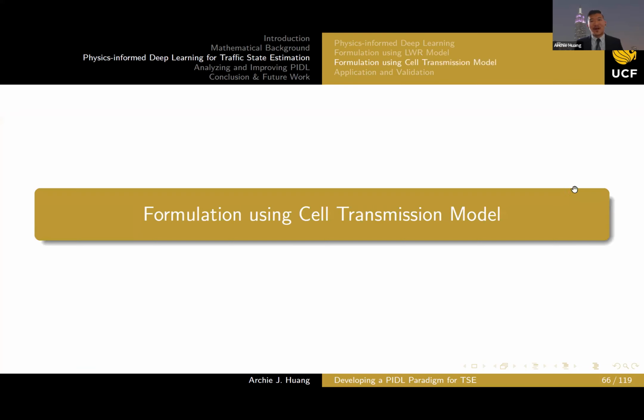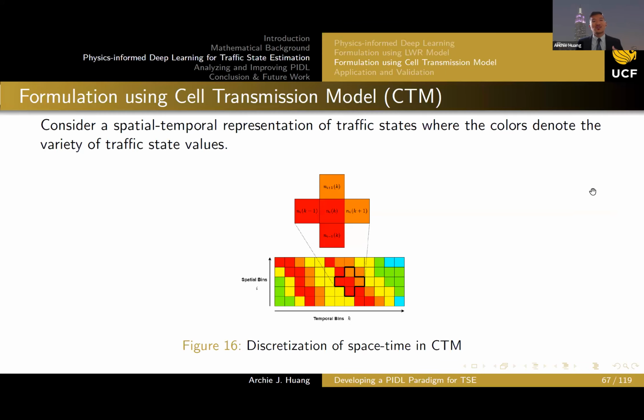Coming next, we will formulate the PIDL approach using the cell transmission model. And recall, what is the cell transmission model? The cell transmission model considers the traffic flow, or models these traffic conditions, by separating the road infrastructure into continuous homogeneous cells.